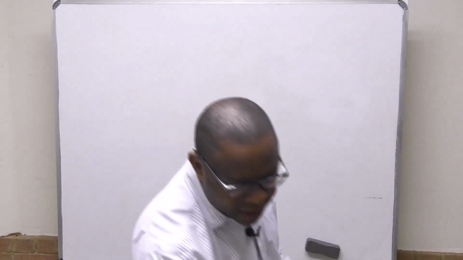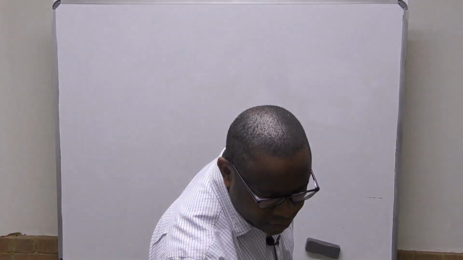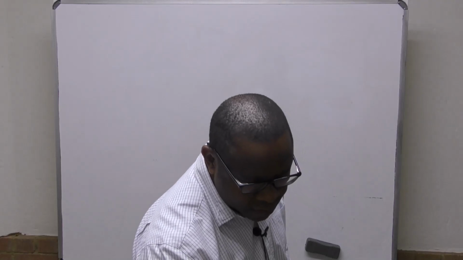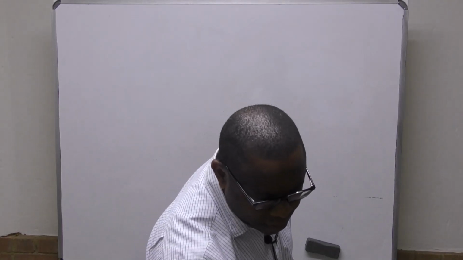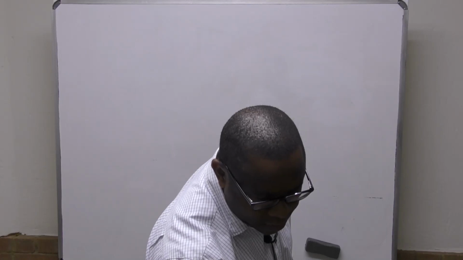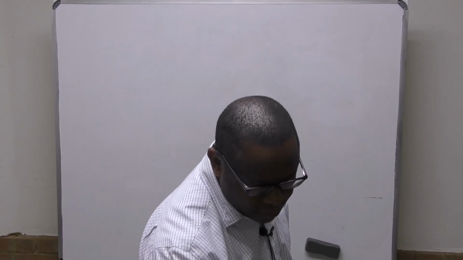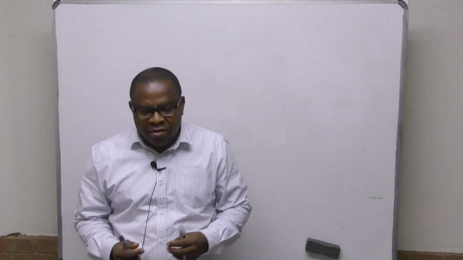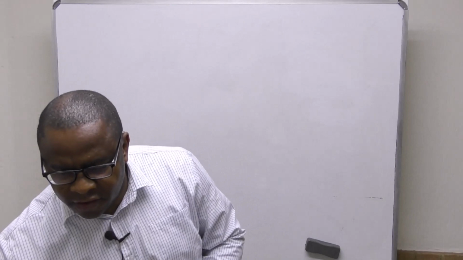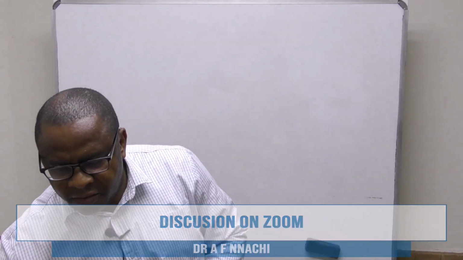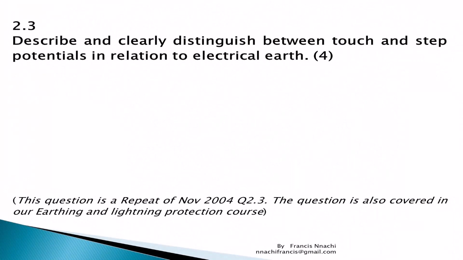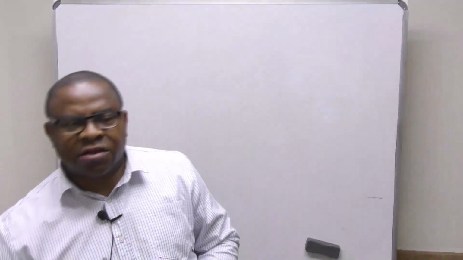All right, so let's look at that question. Now, you are asked to describe, let's see, the question says we must describe and clearly distinguish between touch and step potential in relation to electrical earth.